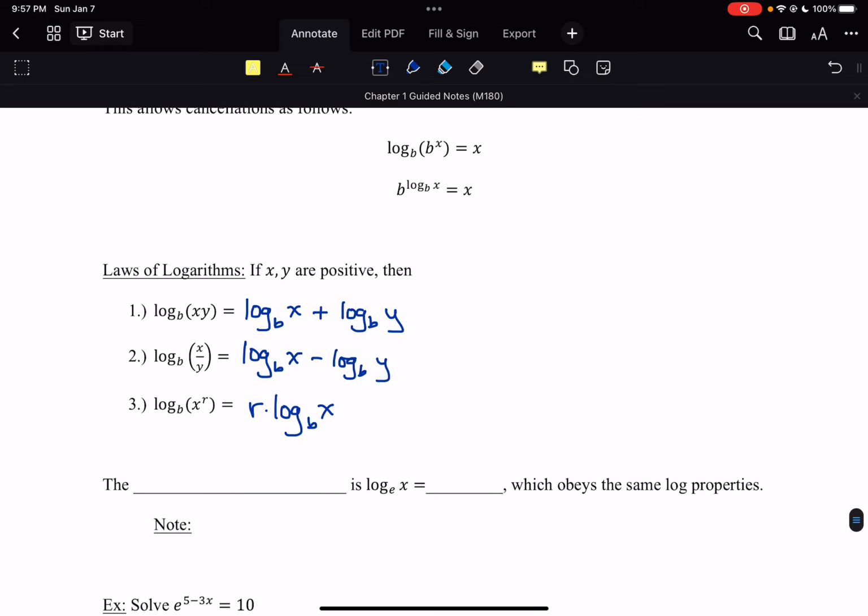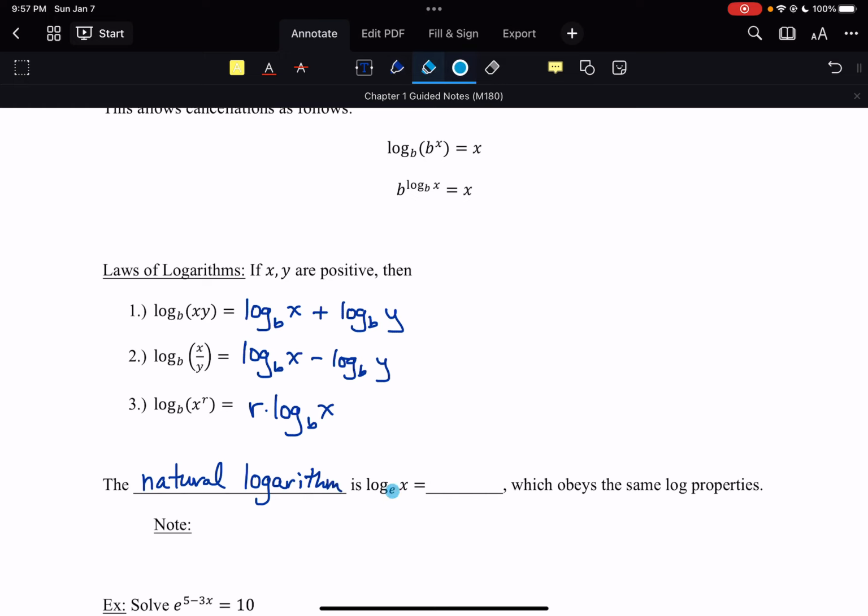Now, we talked about the natural exponential function in the previous section. There is also a natural logarithm. This is logarithm with the base of the natural exponential function e.